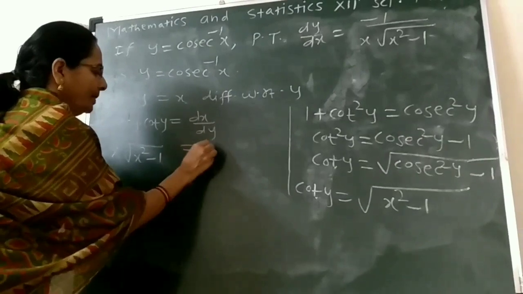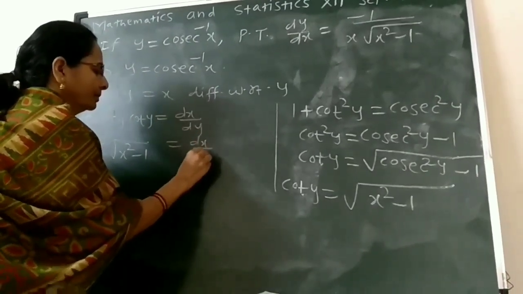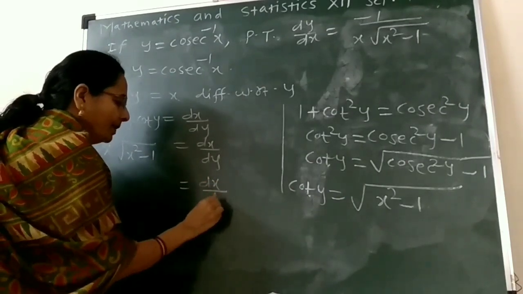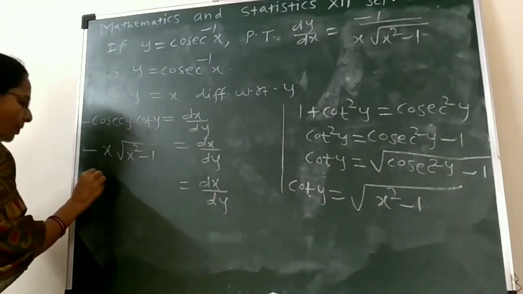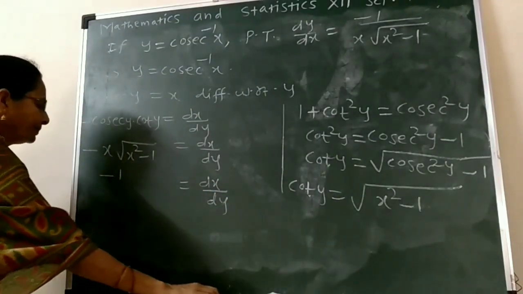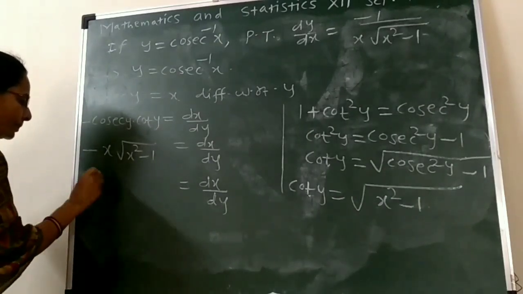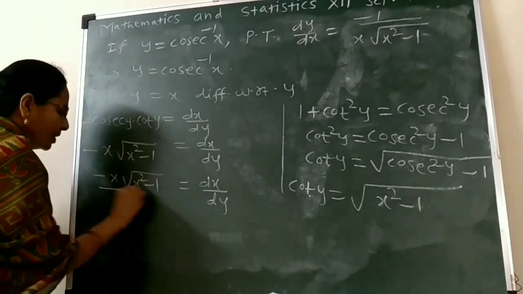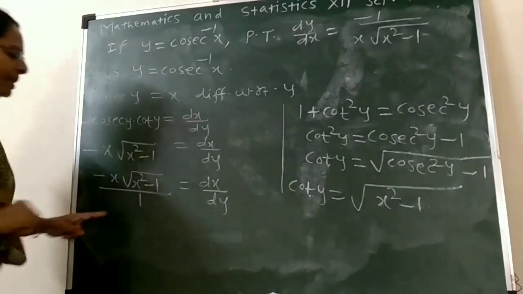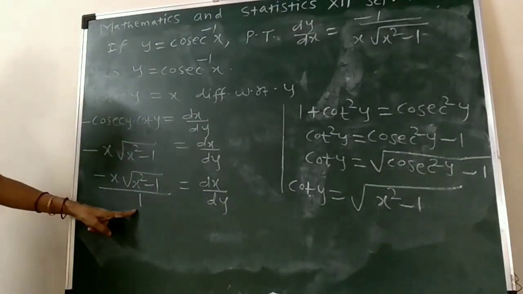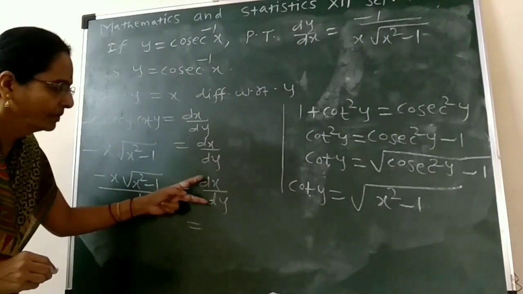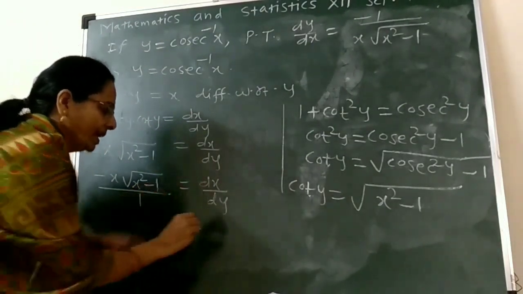Dx by dy is minus x root x square minus 1. We require dy by dx, so take the inverse of this.